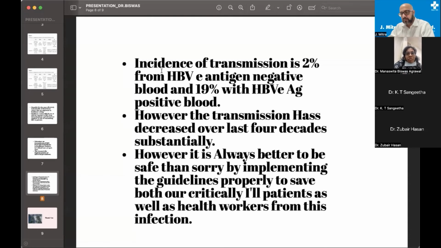We have to teach our paramedics, our nurses, our ward boys, everyone, that every new patient who comes into our setting and to whom we are delivering service, we should be careful. We have to take everyone as HIV positive, everyone as HBsAg positive, take all the precautions and then go ahead, because we have already learned from our previous 2 speakers what the hazards of HBsAg are.